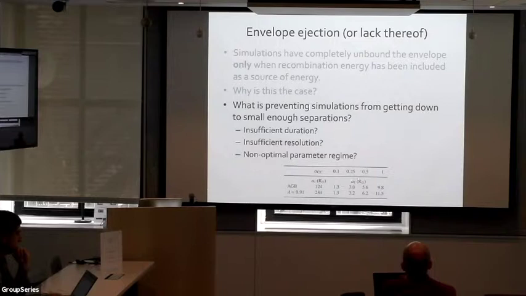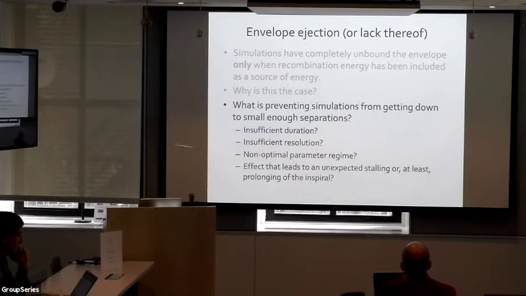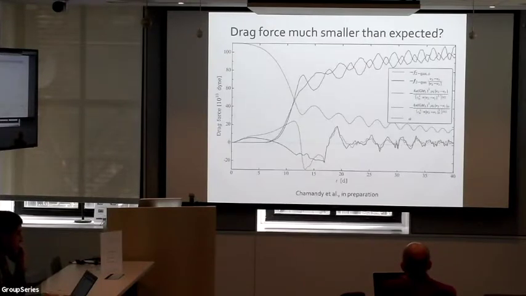Or if alpha is 0.25, the separations you would theoretically need to get down to are much greater. So that could be another issue, that we're all focused on one region of the parameter space. Or it could be that there are effects that lead to this unexpected stalling, or at least a prolonging of the in-spiral. And recently we've been working on this.